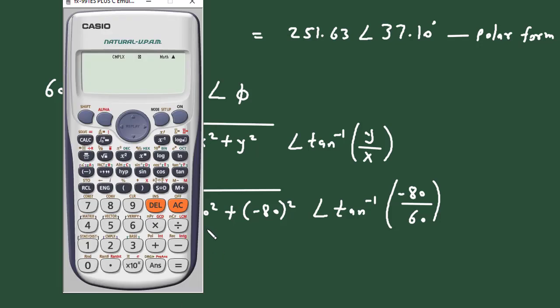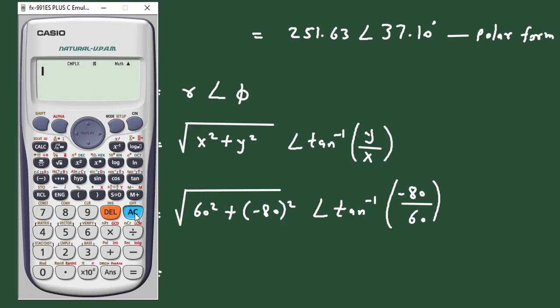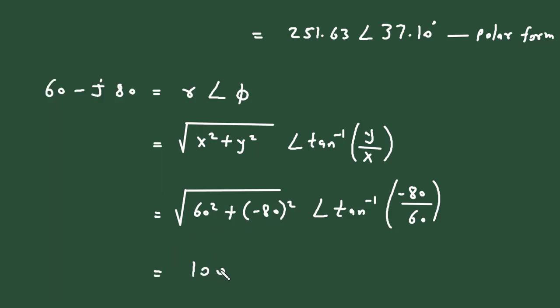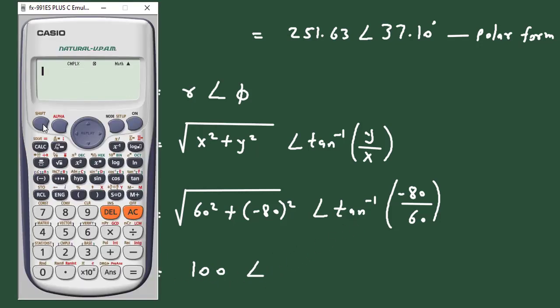So this will be under root of 60 square plus in bracket minus 80 square. So it is 100, 100 at an angle tan inverse of minus 80 divided by 60.